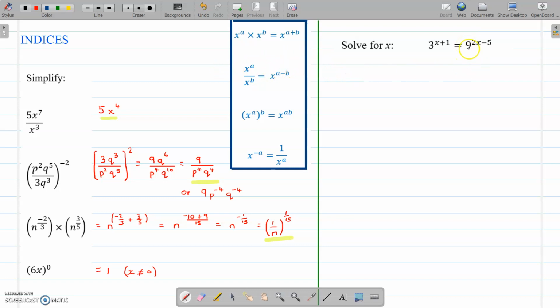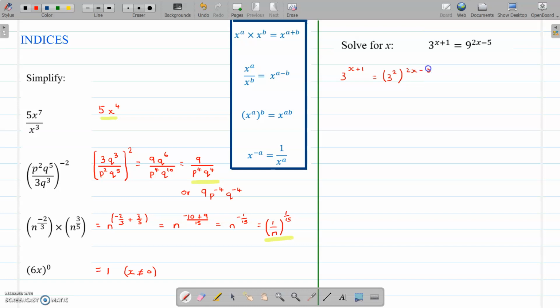Well, the 9, of course, is 3 squared. So this whole equation can be rewritten as 3 to the power x plus 1 is equal to 3 squared, okay, to the power of 2x minus 5.